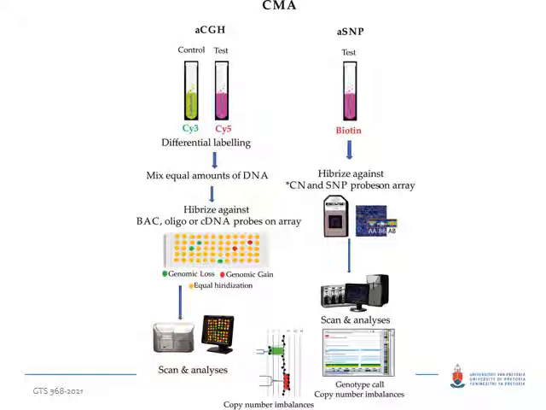In the case of a SNP array, the test sample is hybridized against a SNP array, indicating two alleles, A and B. This is then scanned and analyzed, detecting copy number imbalances, gains and losses.